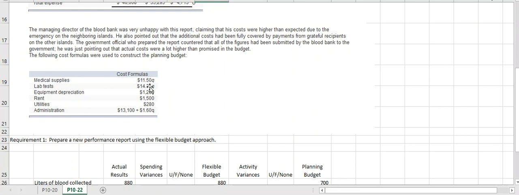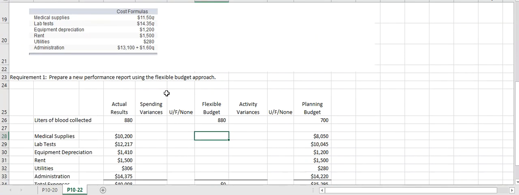So medical supplies is $11.50 times the number of liters collected. So I'm going to do $11.50 and multiply that by the 880 liters. Gives me $10,120. Lab test, $14.35 times 880 liters.